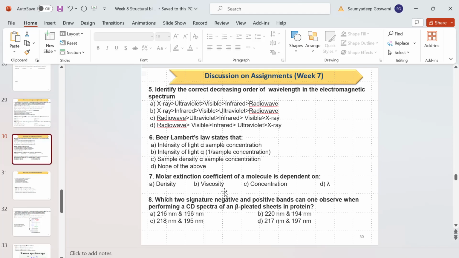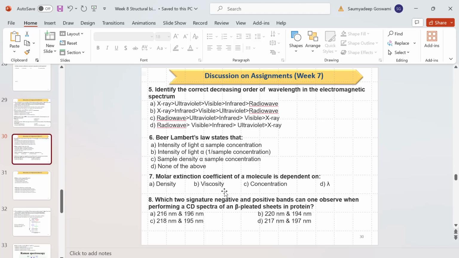Oh no, this is correct, because what you said is not correct. When we discuss Beer-Lambert's law, you will see that this is absorbance. So how can you tell that epsilon is inversely proportional to concentration from the equation A equals epsilon Cl?